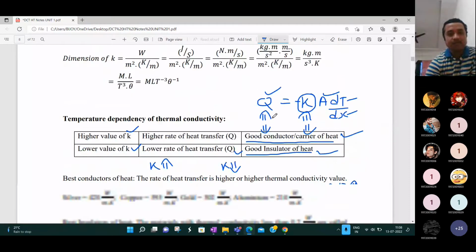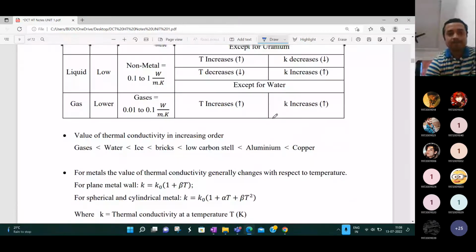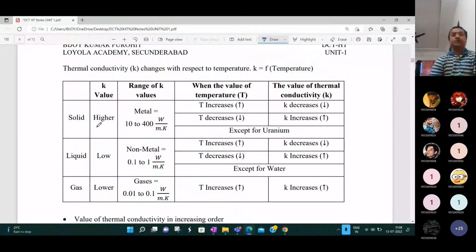Okay, so next goes to some thermal conductivity values. Thermal conductivity always depends on temperature. Kindly remember, thermal conductivity is a function of temperature. This is a simple table to understand.